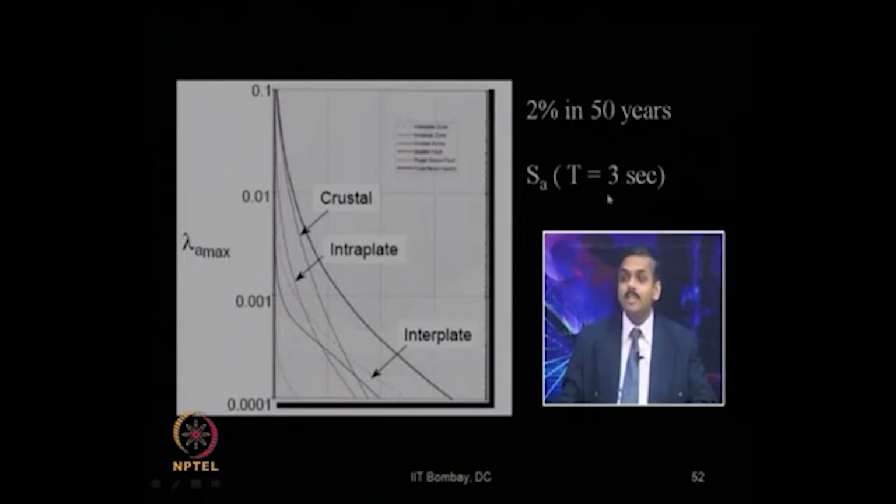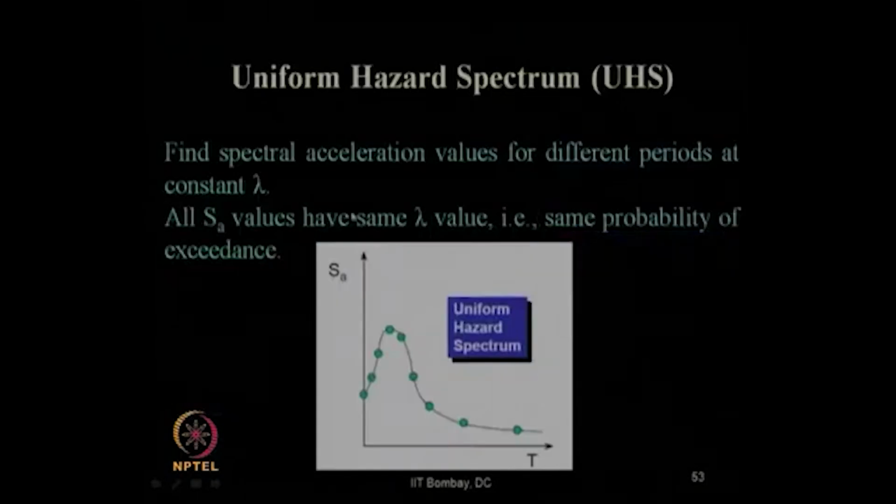Why is this time period important? Because that relates to your superstructure or whatever structure you are going to construct. Based on their natural period, your design value of SA will be guided. Clear? And the corresponding probabilistic seismic hazard analysis curve we have to take care of.